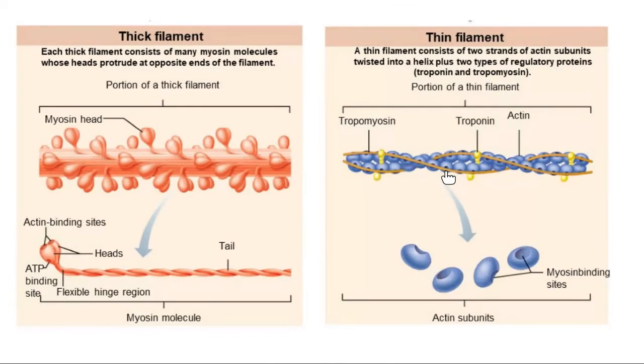But we're not always contracting our muscles. It would be incredibly painful if we were. So we need to have some regulatory proteins, like it mentions here, to help us prevent contraction from always happening. So there's 2 of these, tropomyosin and troponin.